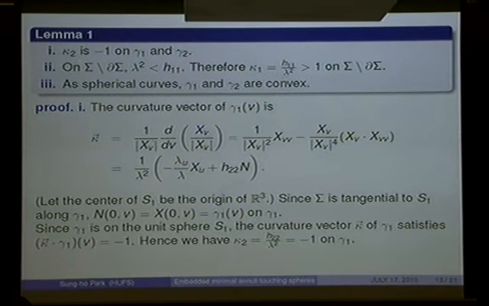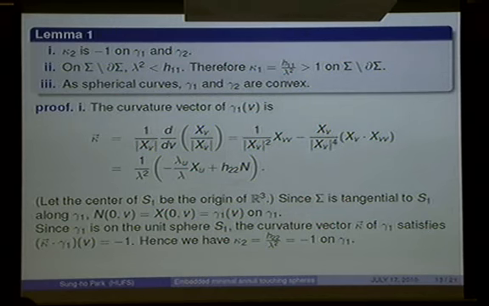First, the principal curvature kappa 2 is minus 1 on the boundary curves. Secondly, at interior points of sigma, lambda square is always smaller than H11. Therefore kappa 1 is always bigger than 1 at interior points, and kappa 2 is always smaller than minus 1 at interior points. And finally, as spherical curves, gamma 1 and gamma 2 are convex.